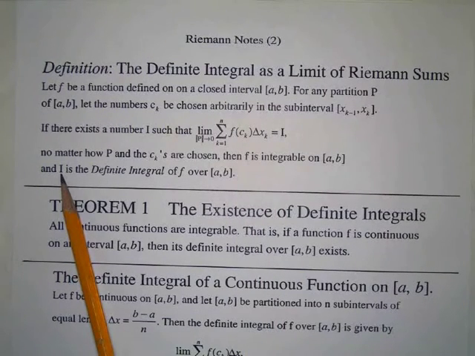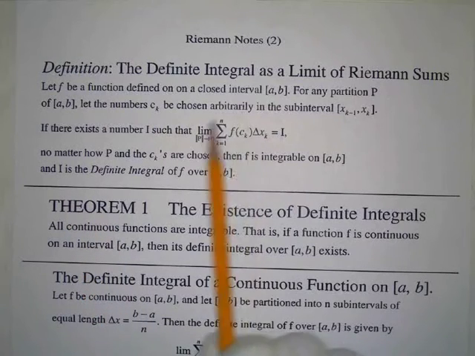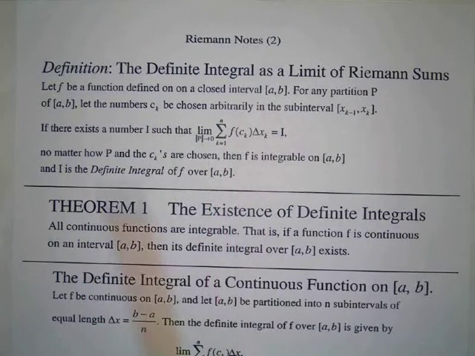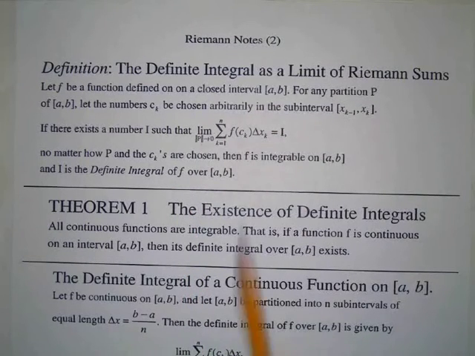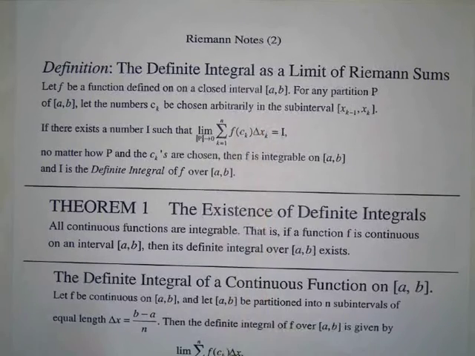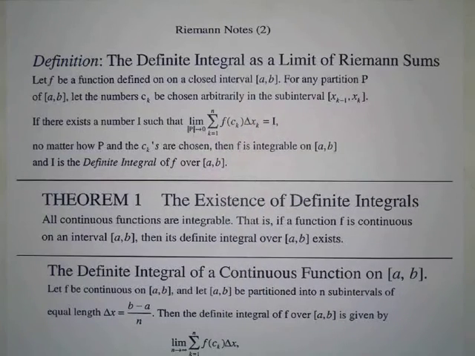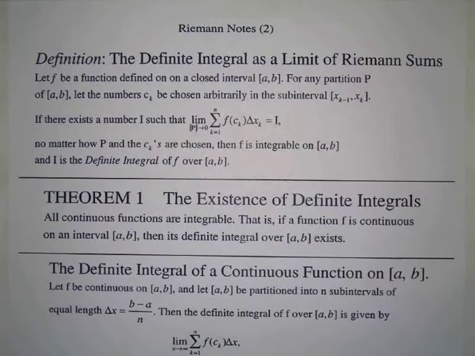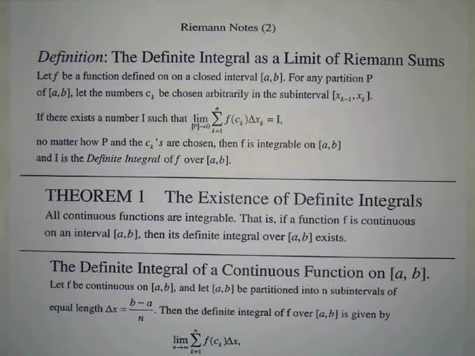And I, the sum of all these areas, is the definite integral of f over [a, b]. That's what the I stands for, and that's the sum of all those areas, which is just what we were approximating using LRAM, RRAM, or MRAM. Okay?